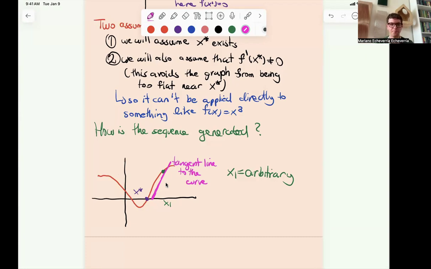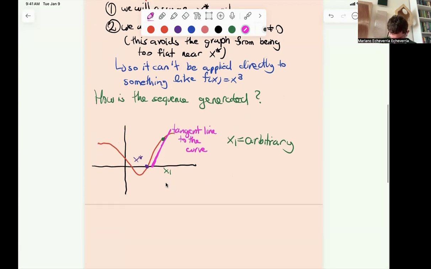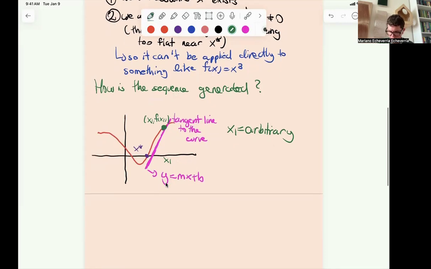Okay, so what is the equation of the tangent line? That's what you need to find. If you remember, the equation of a line is y equals mx plus b. Or, since you have the point x1 comma f of x1, another way to write it is y minus y1 equals m times x minus x1. Those are the two versions of the equation of the tangent line.